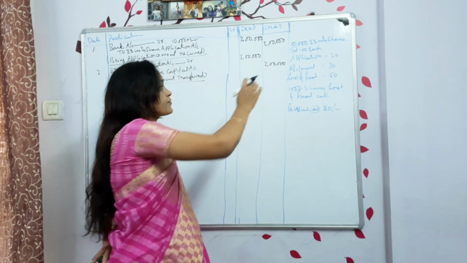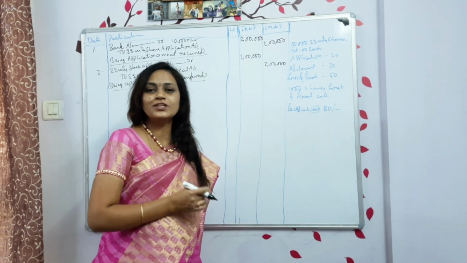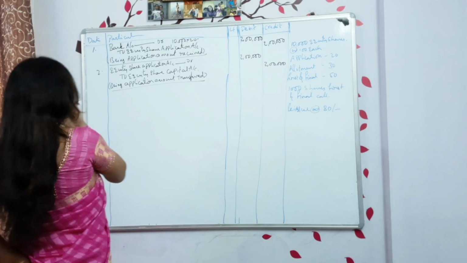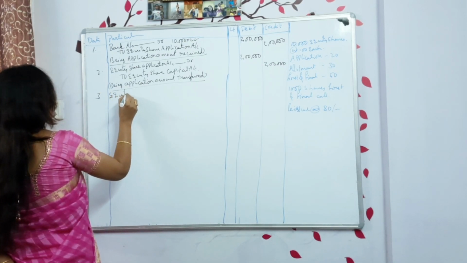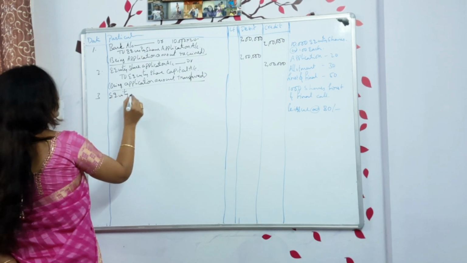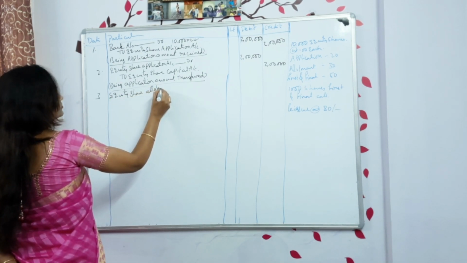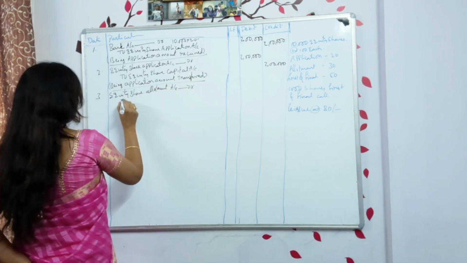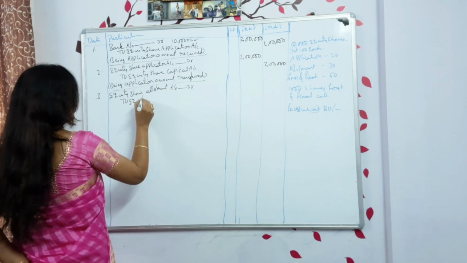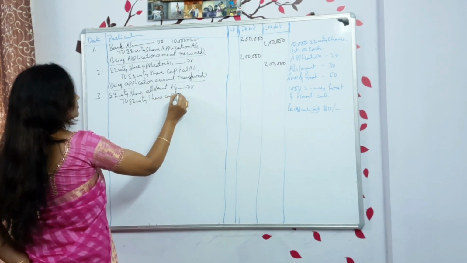Now we have to record that the allotment is due. So let's write the journal for allotment due. Equity share allotment account debit to equity share capital account.